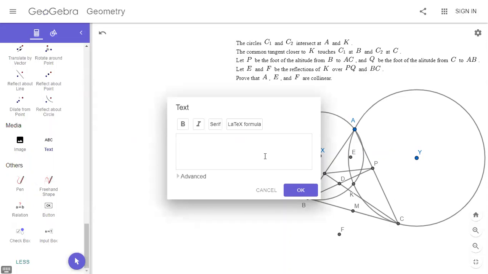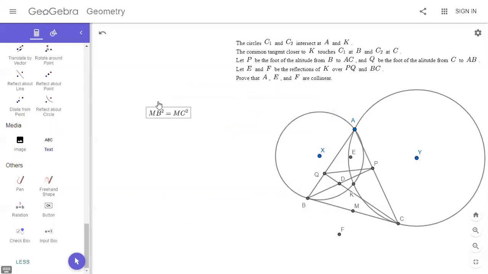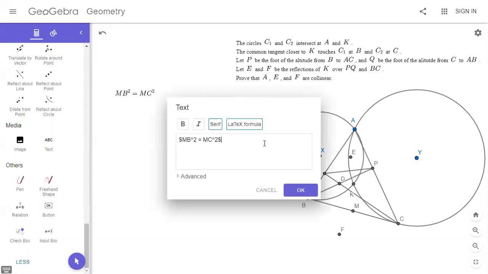Okay, so M is the midpoint of BC, so MB squared is equal to MC squared. Because those are both tangent, that means M lies on the radical axis of the two circles.